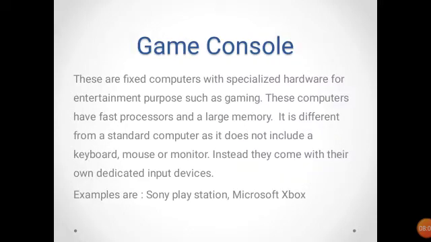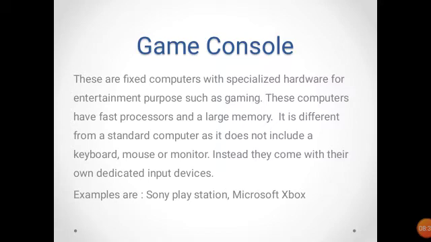The next category is the game consoling machines. These are also small computers specialized for a particular task, and its hardware structure is different from other computers. These computers have fast processor and a large memory.